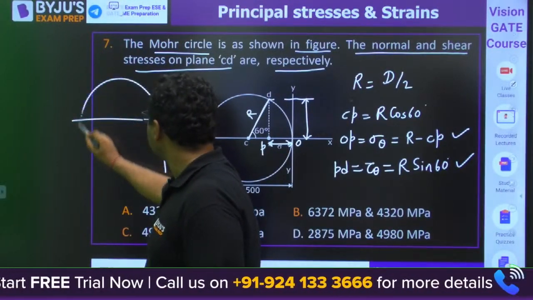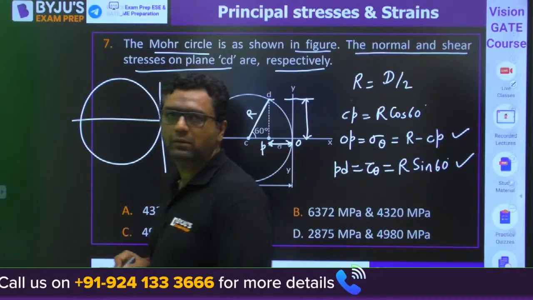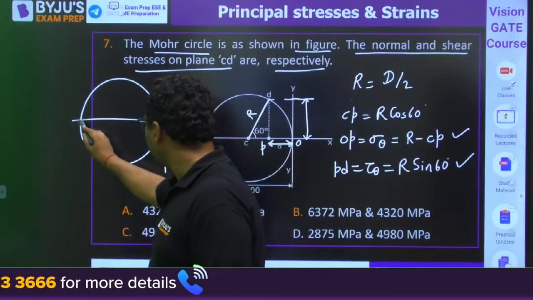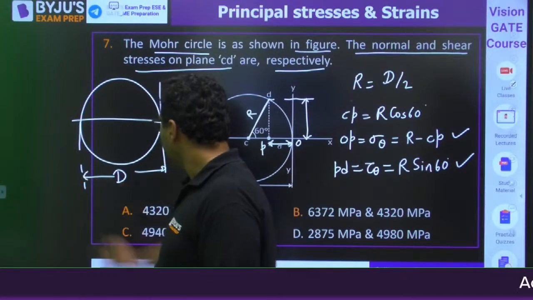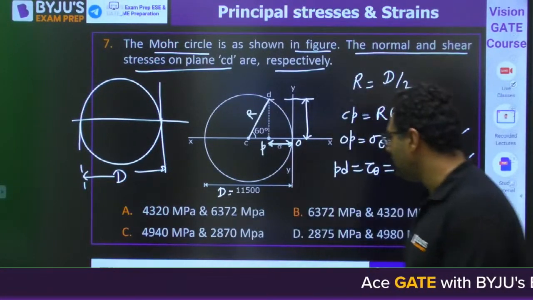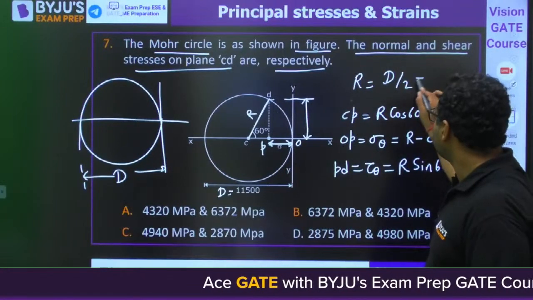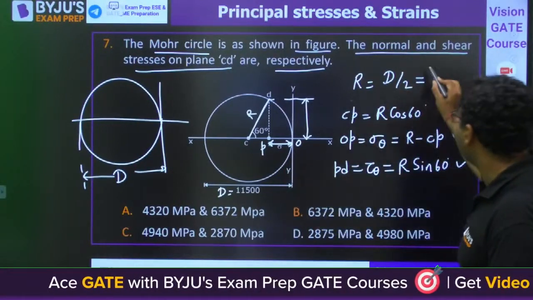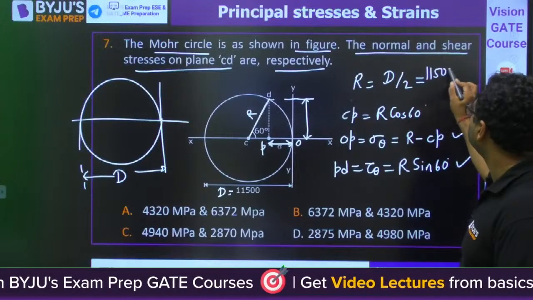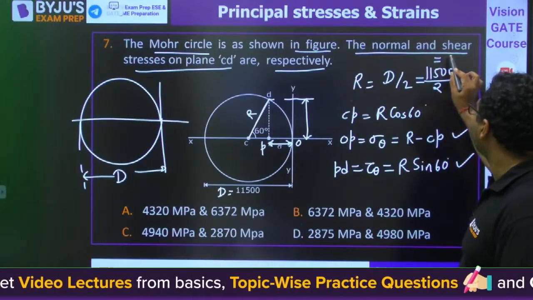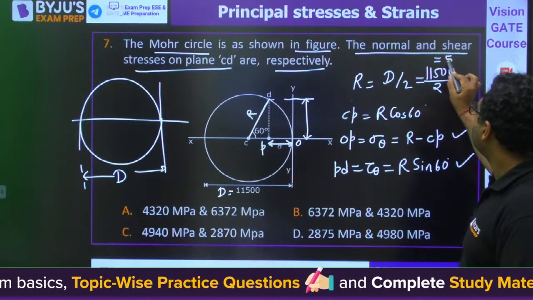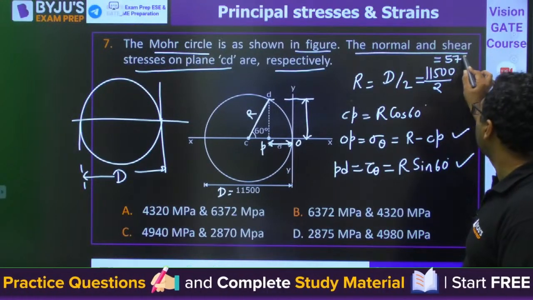So dear, you can see this is the Mohr circle. We are given the diameter. We can find out the radius as diameter by 2, which is 11,500 by 2. I feel it will be coming out to be 5750.